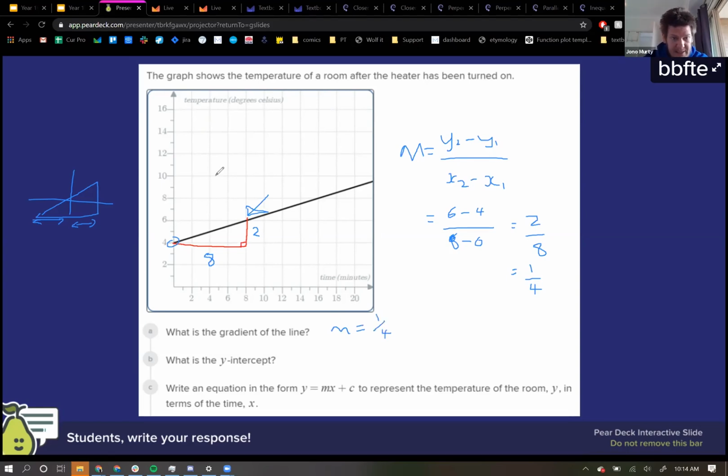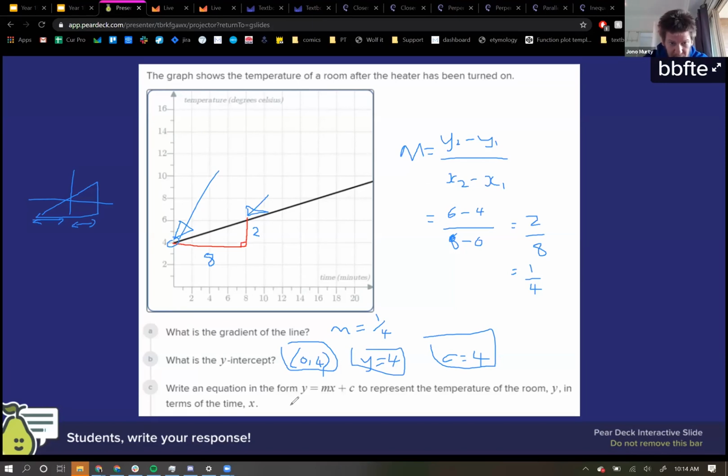What is the y-intercept? That's just this point here. Sometimes you'll be asked to give the coordinates of the y-intercept, 0, 4. In this case, I think the answer they probably want is just y equals 4. Or some of you have written c equals 4, that would be fine. Obviously on paper, in a test, probably any of those answers would get you the marks if this question hasn't stated what form to write it in, so all 3 of those would be correct answers.